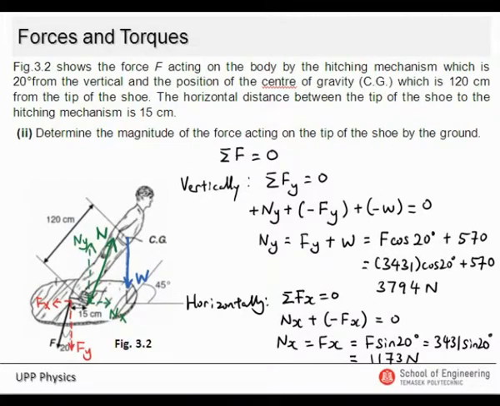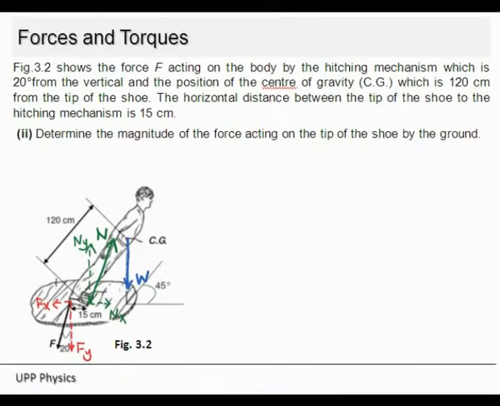Well, we have not finished yet, because the question asks for the magnitude of the force. We only found the two components. So we have to combine these two components using Pythagoras theorem. Let's start on a new page. So the horizontal component of the contact force was found to be 1173 Newton, whereas the vertical component was found to be 3,794 Newton.